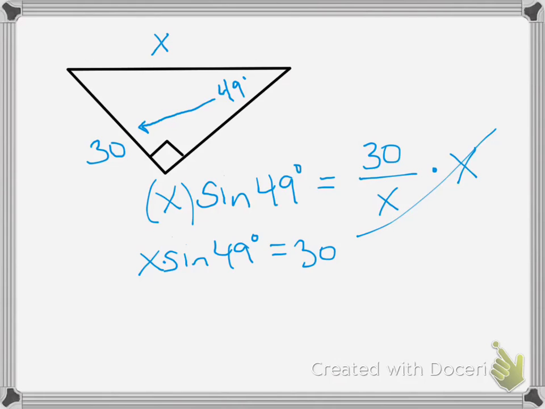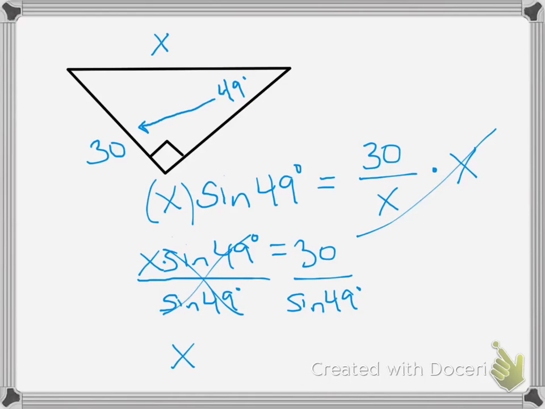And since I'm multiplying between the x and the sine of 49 degrees, to solve for x, I need to undo that multiplication, and I'm going to divide both sides by the sine of 49 degrees. Don't forget the sine. If you do that, then you'll be way off. So now these are going to cancel here, and I'm left with x. And x is going to be this 30 divided by the sine of 49 degrees.